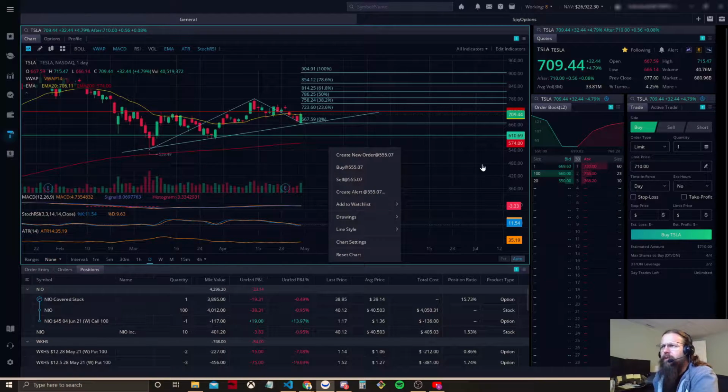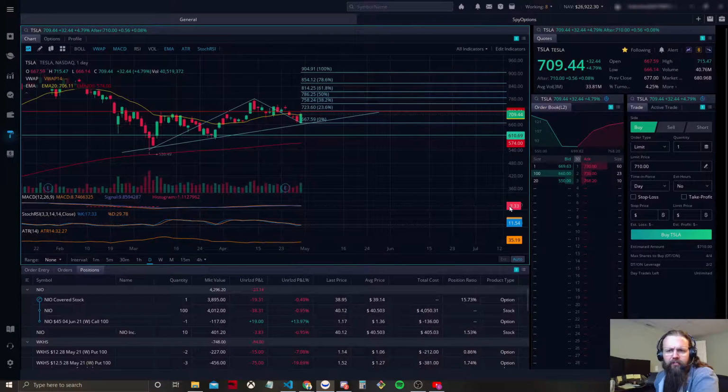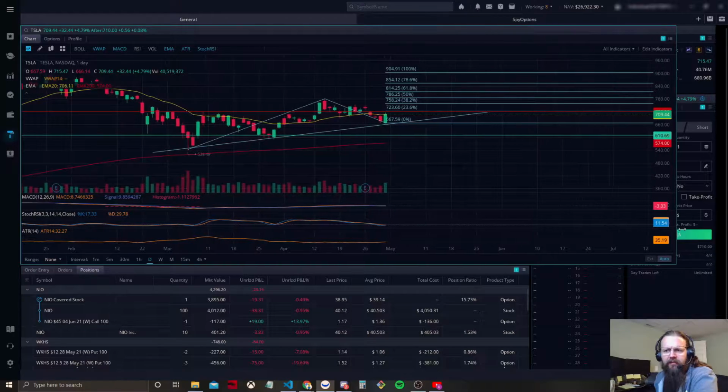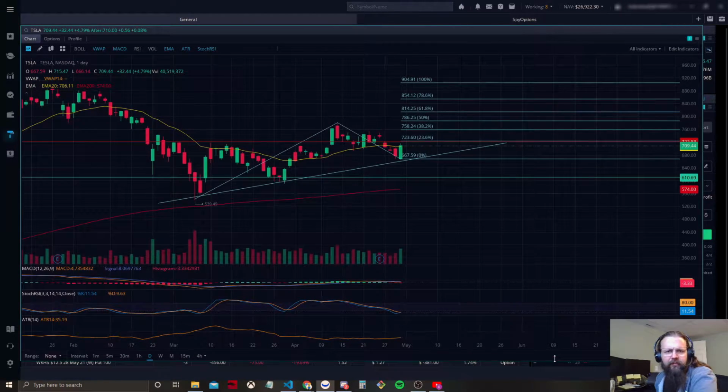So before we get into specific ideas on Tesla, I'm just gonna make my chart a little bigger here and talk about some of the indicators I like to have. I try to keep my charts relatively clean. It's easy to get to drawing on these things and have a lot going on.